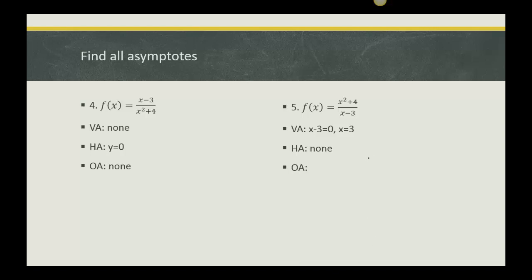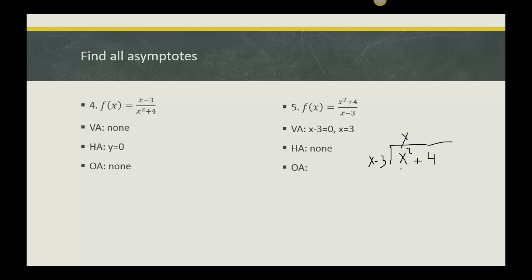So the oblique, again, let's go ahead and do some division. I want to say x minus 3 goes into x squared plus 4. And this is a lot like the last one we had. Okay. So x into x squared is x.